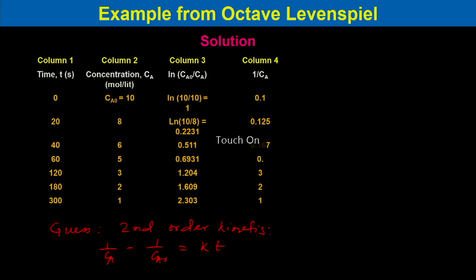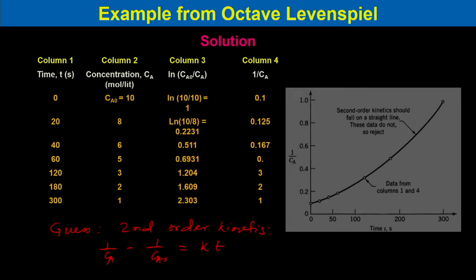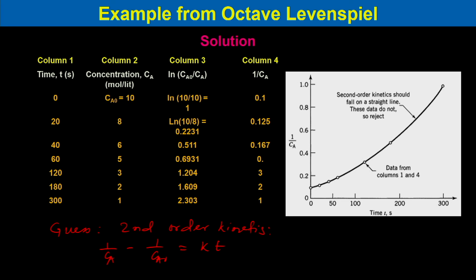So, if we plot 1 by Ca versus time, there will be an intercept which is 1 by Ca naught, and from the slope we can calculate k, but this also does not fit with a straight line. So, as you can see, it does not follow second order kinetics as well.